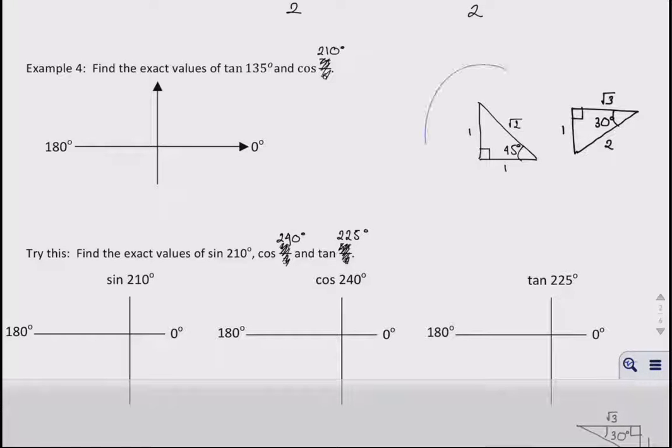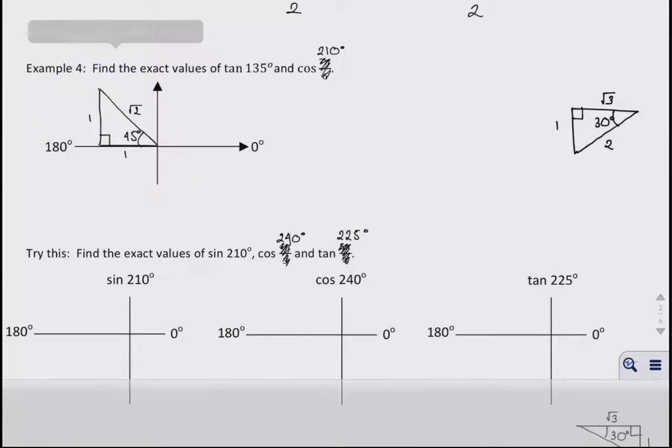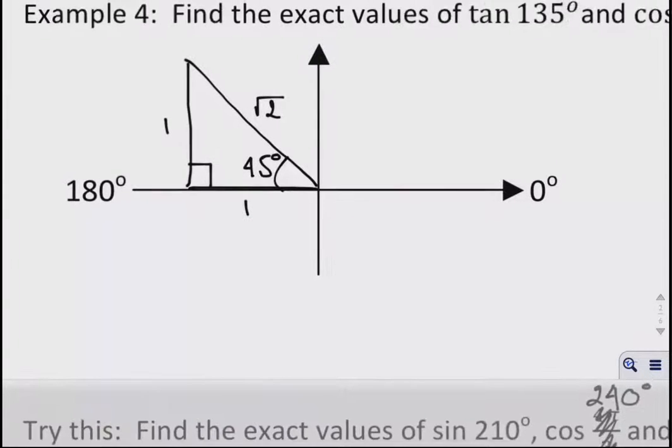Here's what it looks like. Let me just try that again. So I'm going to take this part, bring it over here, just plant it in properly. And this way we can now label our sides. So because 1 is in the negative for the x part, we have negative 1.